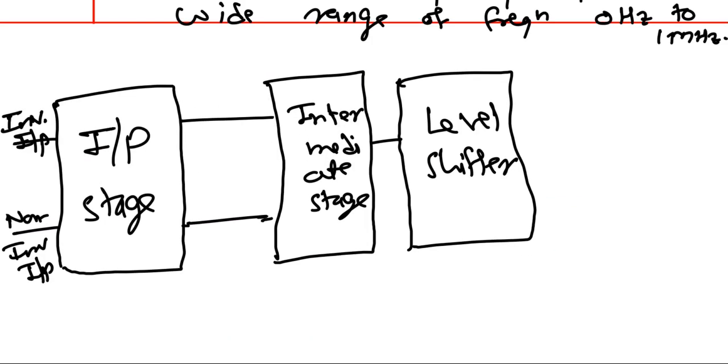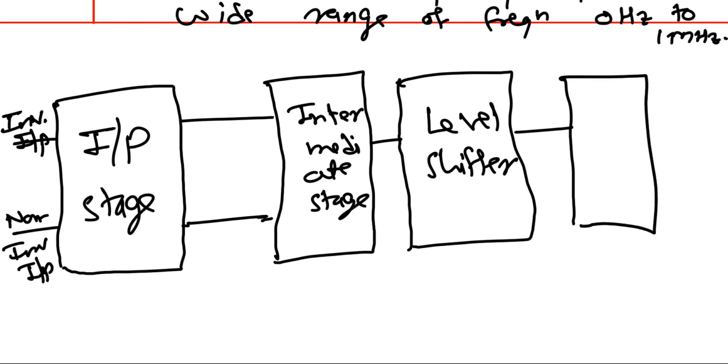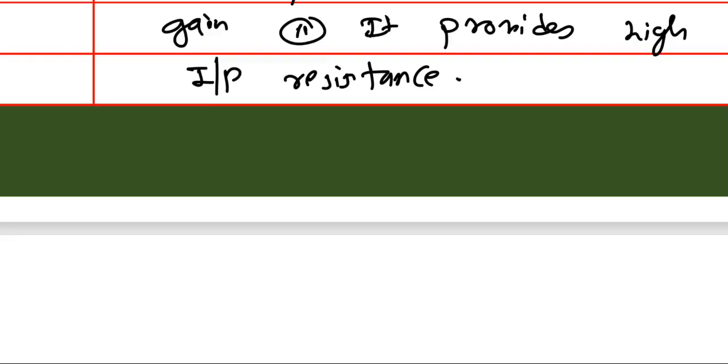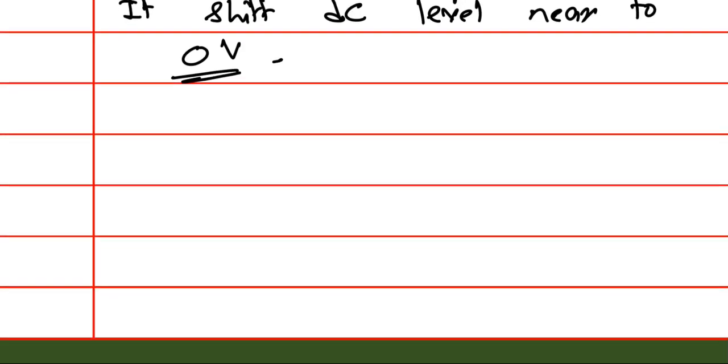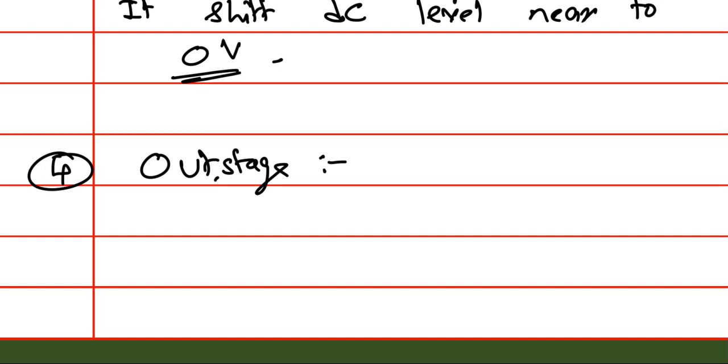Then the next block is output stage. Which circuit are we using for the output stage?